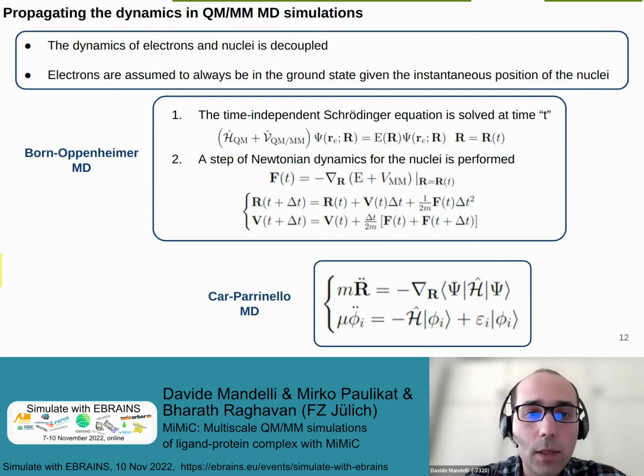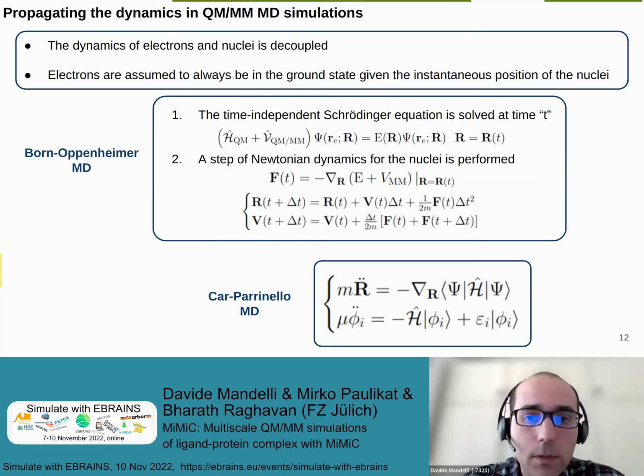I will not go into the details, but with this approach, basically, the Schrödinger equation is solved once and for all at the beginning of the simulation. And then one propagates in time a fictitious dynamics also of the electrons, meaning of the ground state wave function. And this allows one to avoid having to solve the electronic problem at each time step.